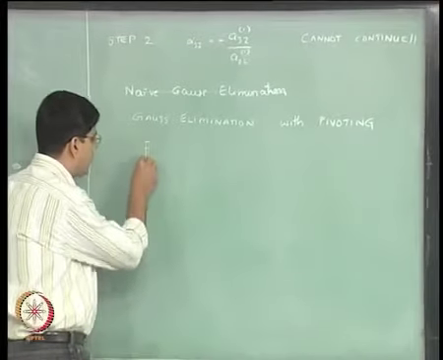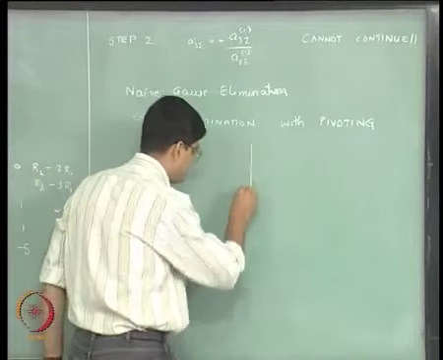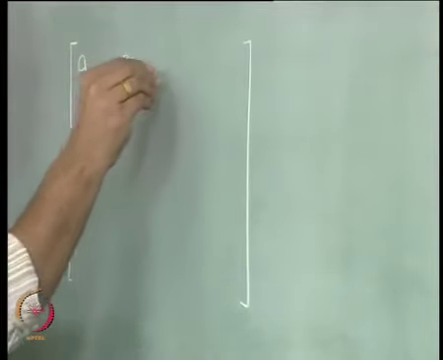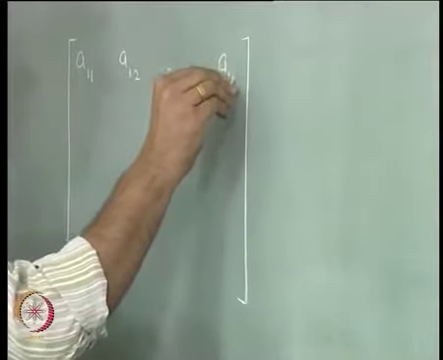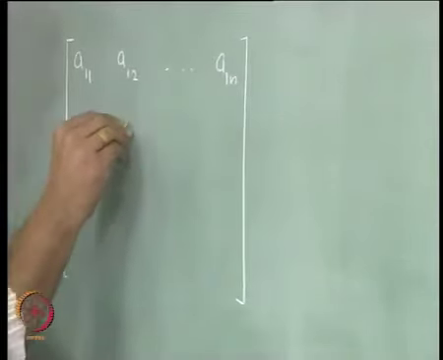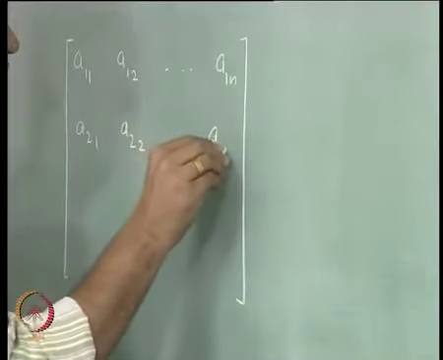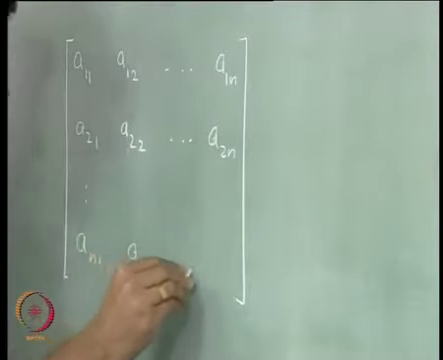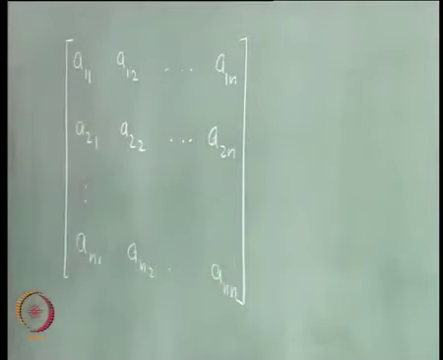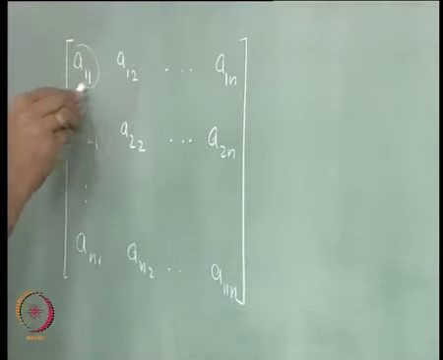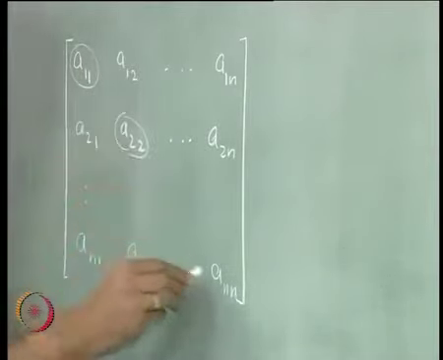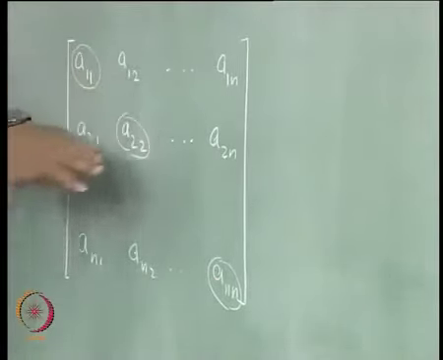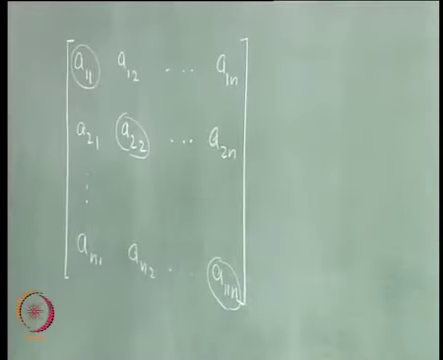So if we were to write a general n dimensional matrix in the form A11, A12 and so on up to A1n, A21, A22 and so on up to A2n, and An1, An2 and so on up to Ann, these elements are going to be the pivots during the first step, second step, third step and so on and so forth.